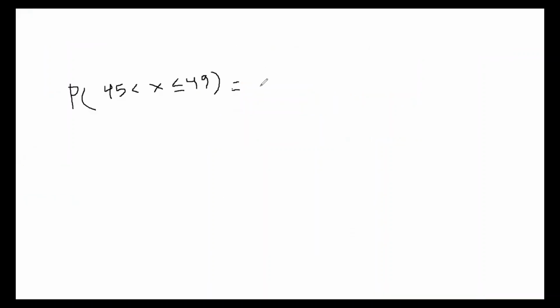So it will be 0.21 plus 0.29 plus 0.20 plus 0.10.